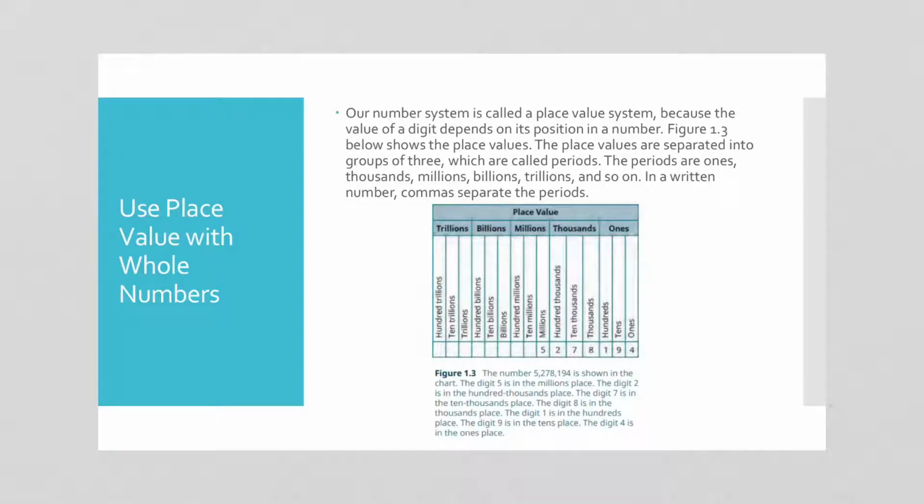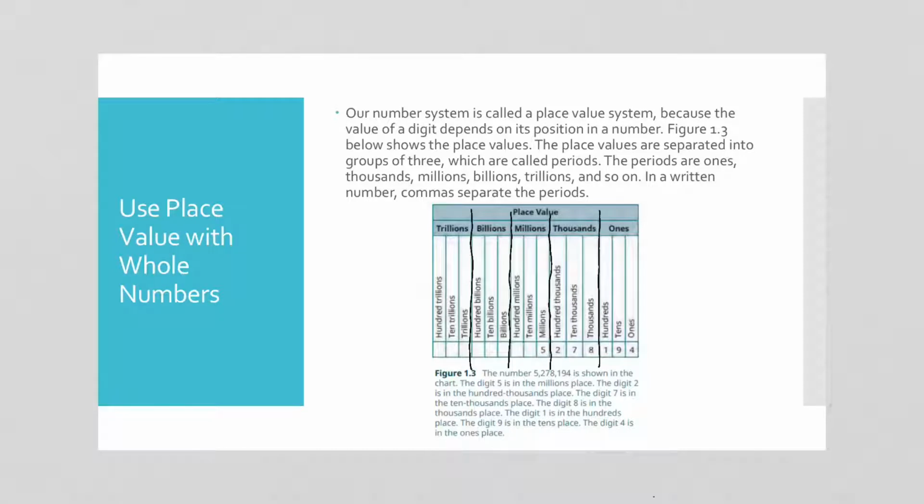And so the place values are broken up into threes, so groups of threes. So your ones are right there, and those include the hundreds, the tens, and the ones. Your thousands are here, 100,000s, 10,000s, thousands, millions, and look at that, same sort of pattern, 100 millions, 10 millions, millions, billions, broken up the same way, trillions, broken up the same way.